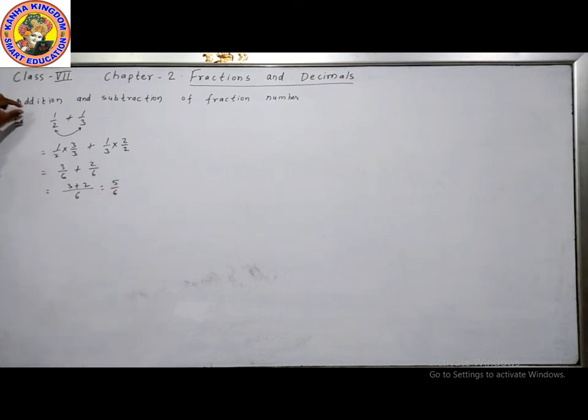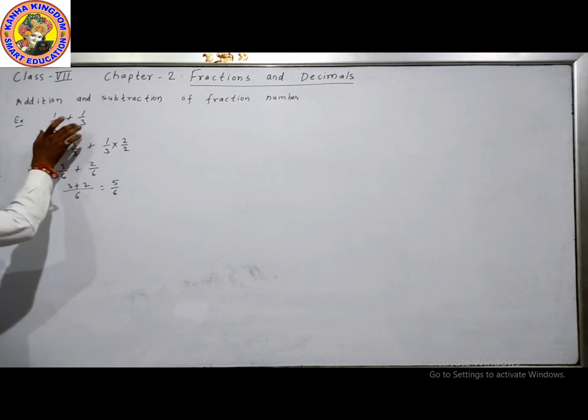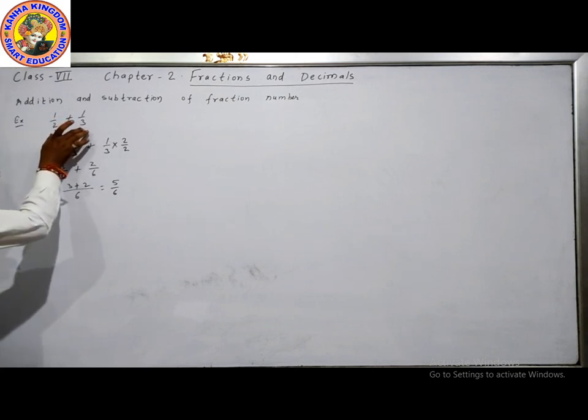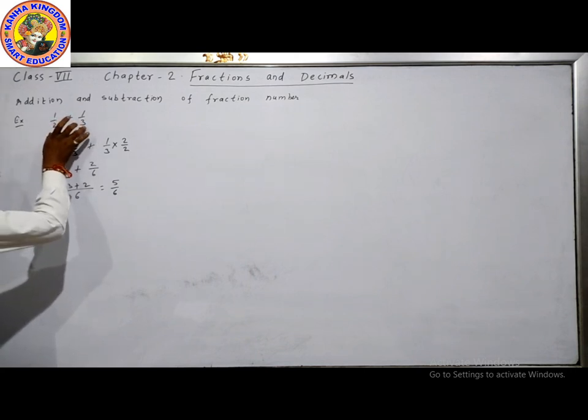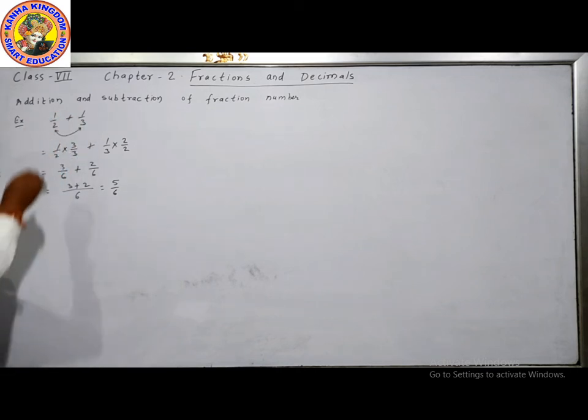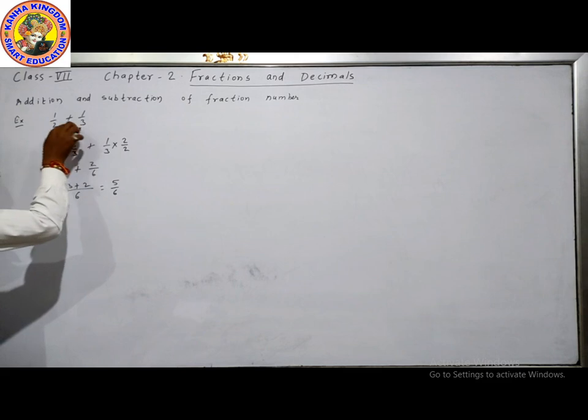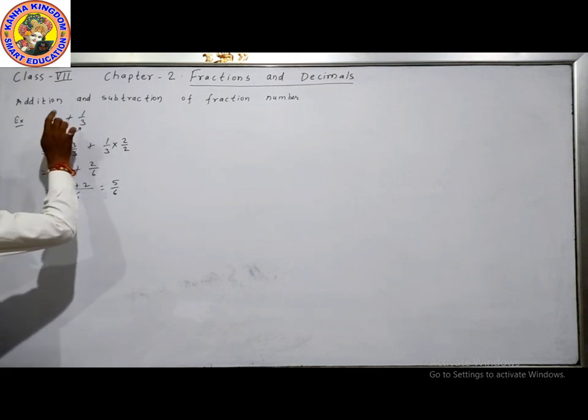So for example, we take 1 by 2 plus 1 by 3. This is addition of fraction numbers. In fractions, we can add numbers with equal denominator part. If we make the denominators equal, then addition is possible. We saw that the denominators are 2 and 3.